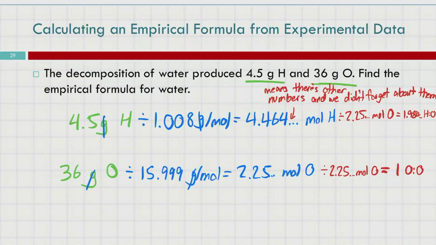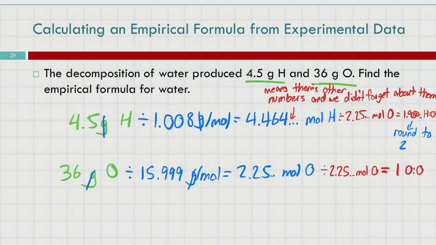Don't freak out. Is this close enough that we can round it? Is that 1.98 close enough that we can round it up to 2? Yes. Yes, we should round that up to 2. If you wanted to try multiplying that by something to get it to a whole number, it would be a very large number that you'd be multiplying it by, and then our chemical formula would start to look pretty ridiculous, because it would be like 501 or 208 to 1, or to 200 or something like that.